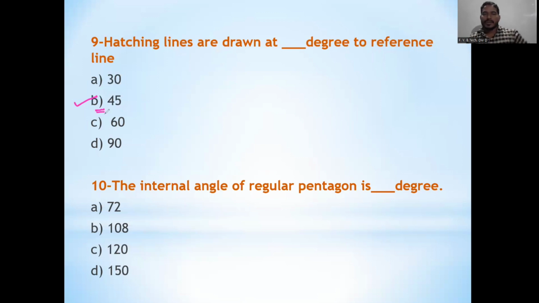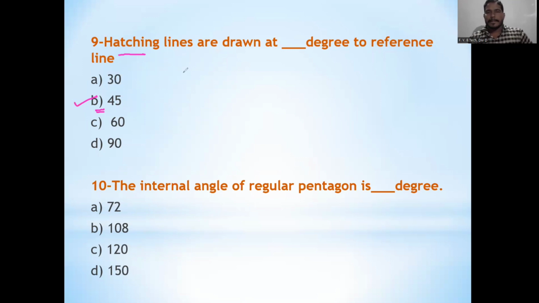We need to remember this because we have already drawn the hatching lines. In case of orthographic projection, whether sectional front view, sectional top view or sectional side view, if we want to show it, we use hatching lines, and for that also we have used the angle 45 degree. So here option B will be the correct.